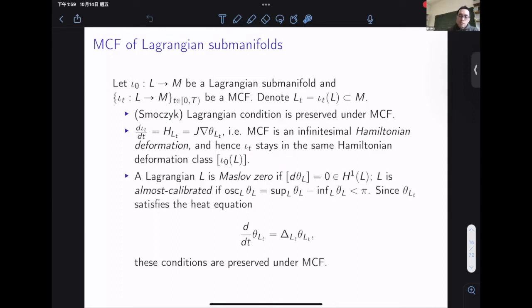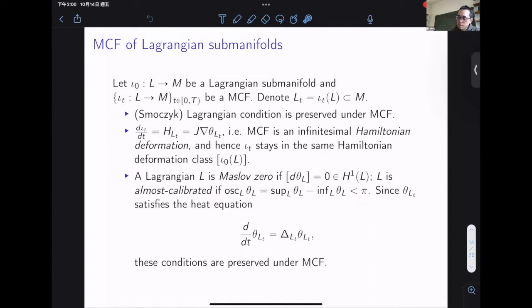Okay, and a Lagrangian submanifold L is called Maslov zero if the cohomology class of d theta is equal to 0. So if L is Maslov zero, then one can lift its Lagrangian angle to a real-valued function on L. And L is called almost calibrated if the oscillation of theta is less than pi.